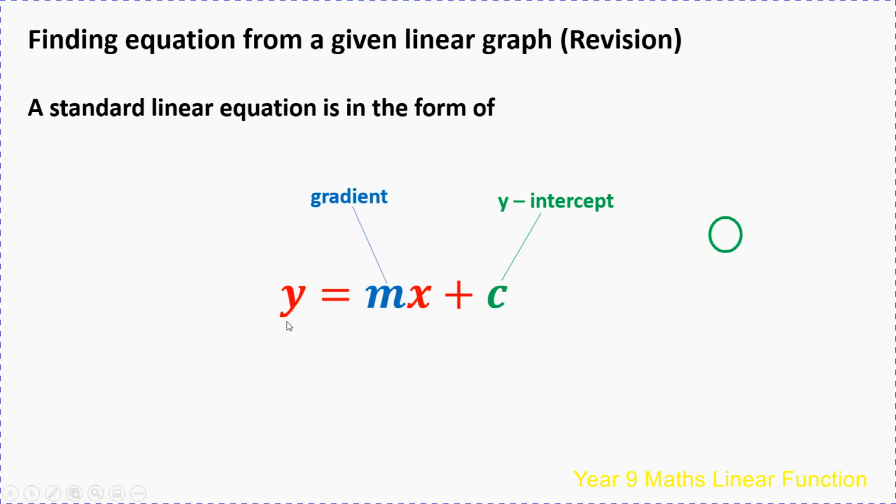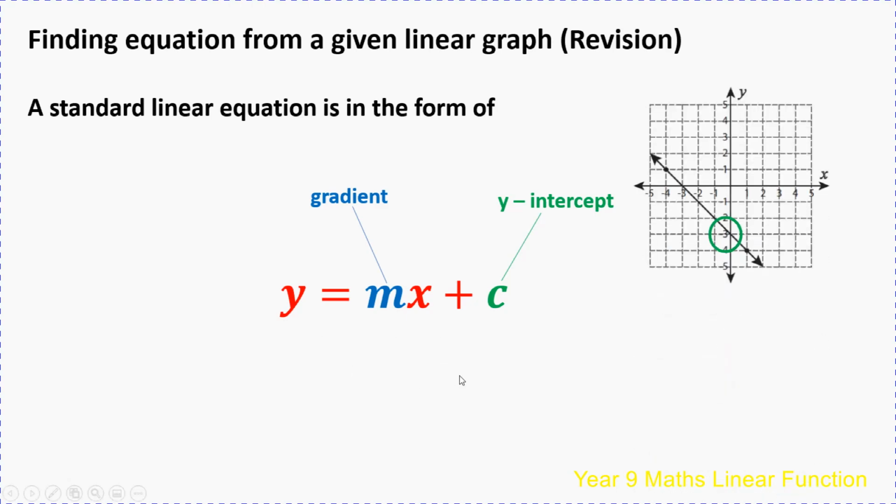Then how about x and y? I showed the graph earlier, so sorry about the animation, it's a bit wrong. If you see the animation here, what we mean by y-intercept is that green circle. That's -3 here.